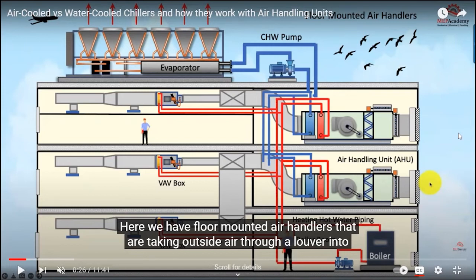It can be connected to the cooling element that comes from the chiller, or we don't have to connect this. We do this because we need extra heat. So probably the air handling unit is not enough to provide us with all the heat we need, and then we need another heating coil here just to heat up the air that goes to this area.